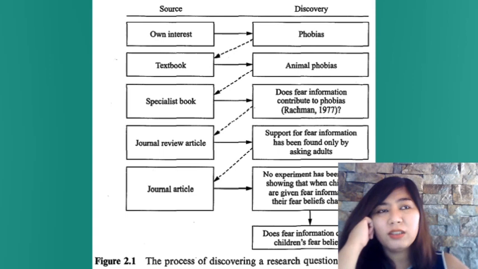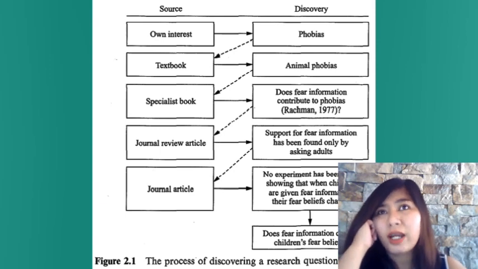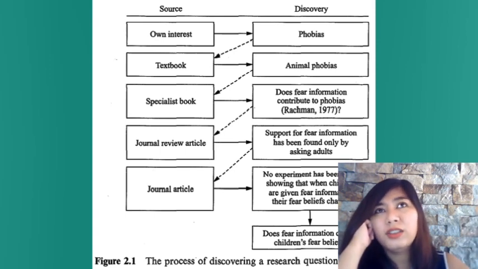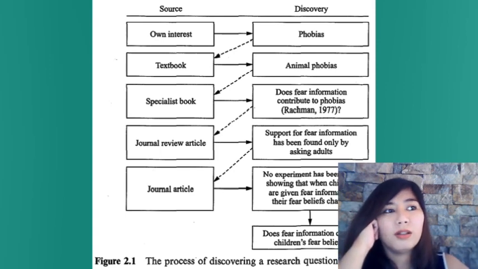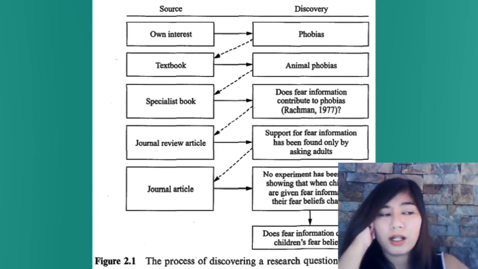A specialist book is like a compilation of different authors who are asked to write by the editor. The experts who are the contributors of each chapter are considered to be like a summary of the different knowledge that has been known in a subject area.